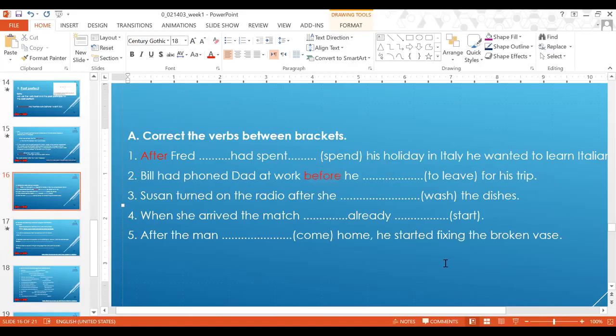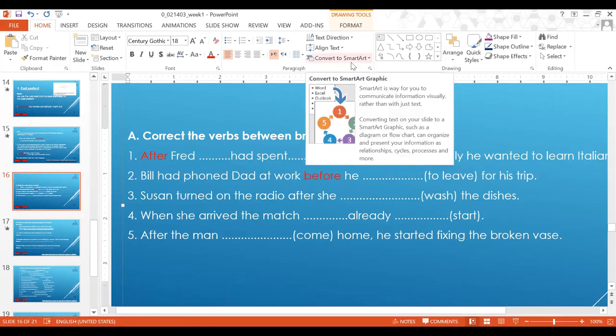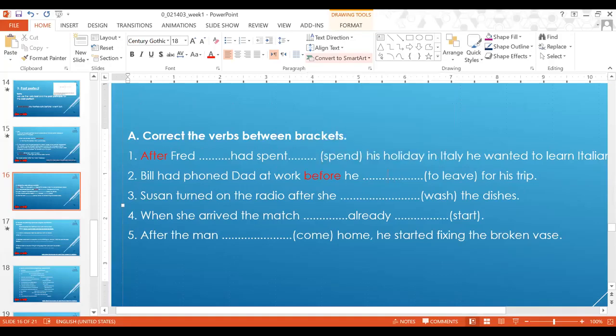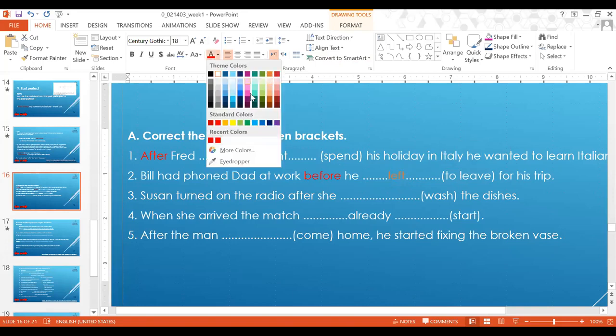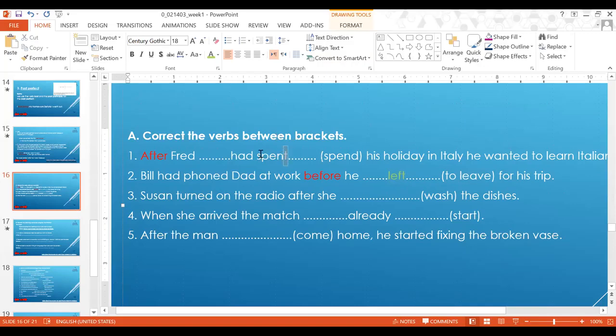So here you need to have verb to. So he had phoned his dad, and then what happened after this? He left. Amazing. This to means that the verb here is in the infinitive form. Understood? Good job.